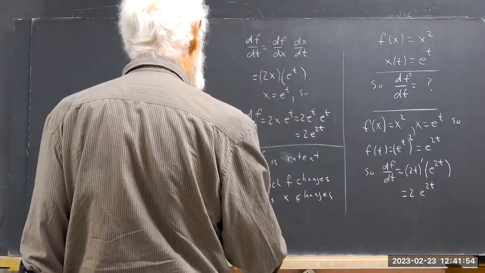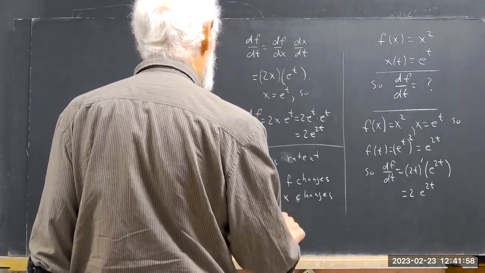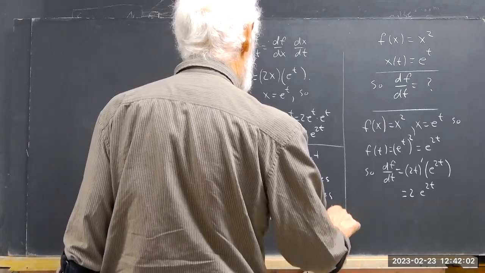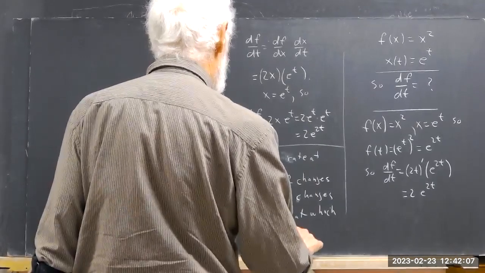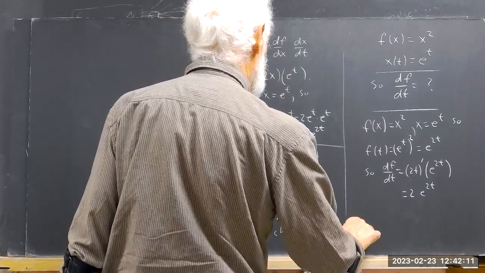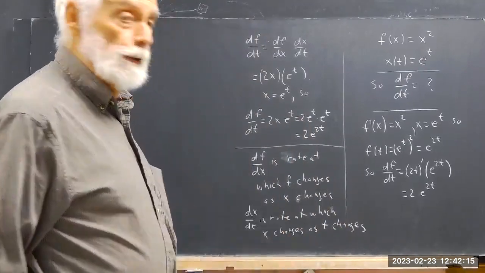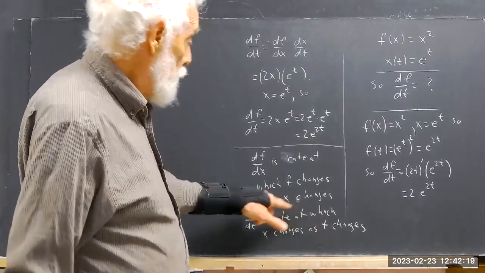Then dx dt is the rate at which x changes as t changes. Well, it's the change of t that makes x change.